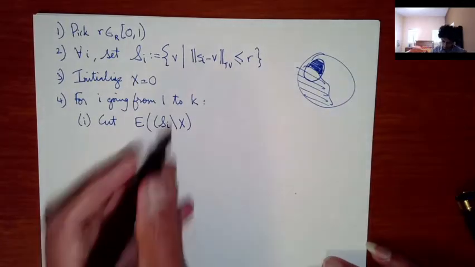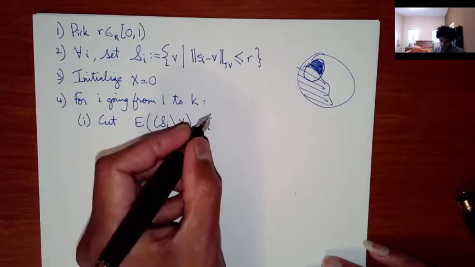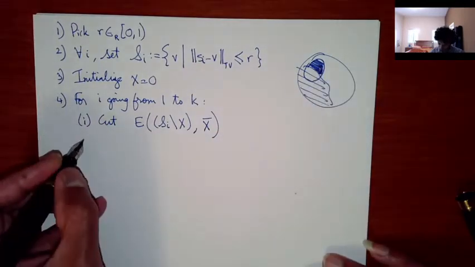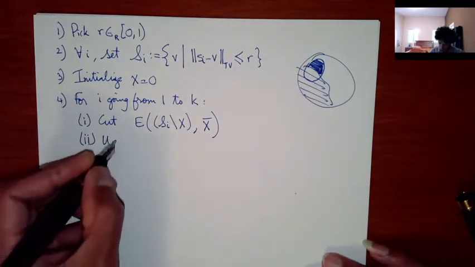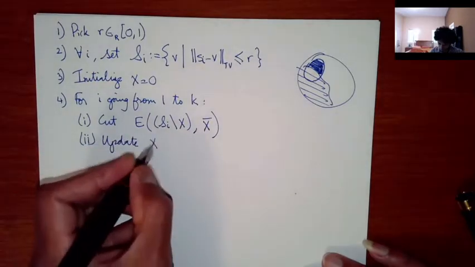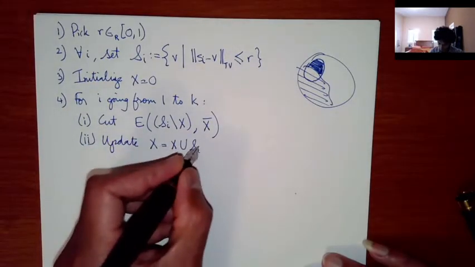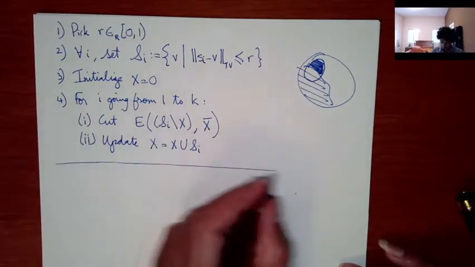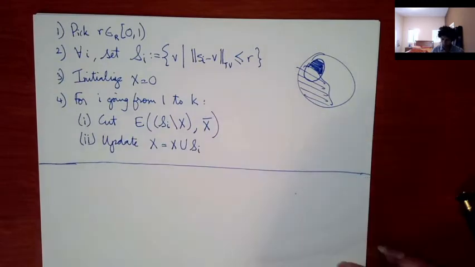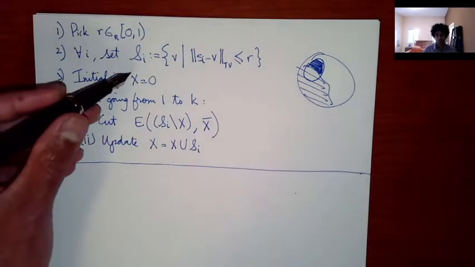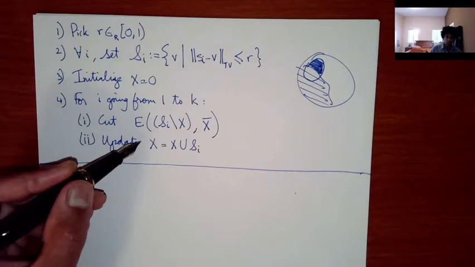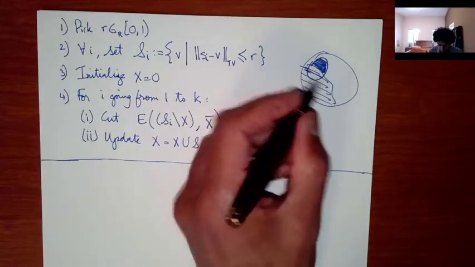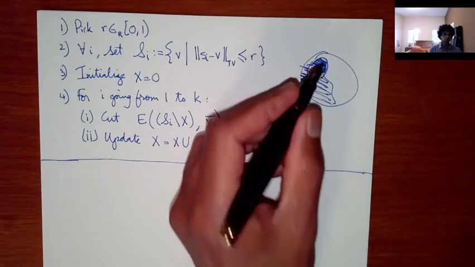So only cut the edges that are going from S_i minus x to x complement, and then you just update x equals x union S_i. This is going to be our rounding scheme. So this is just doing the same rounding as before. It's a little bit more careful, and this is going to be very important for us, because when you've already clustered some part, there's no need to cut more edges in that part.